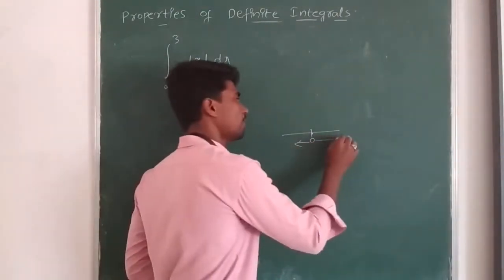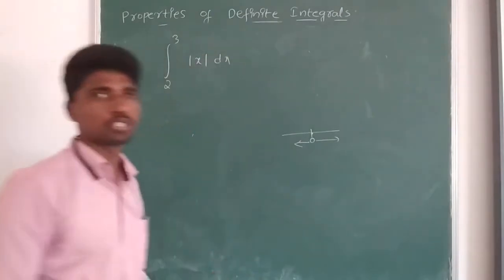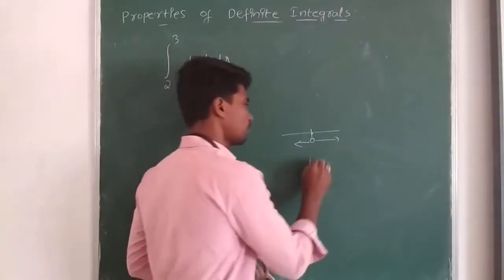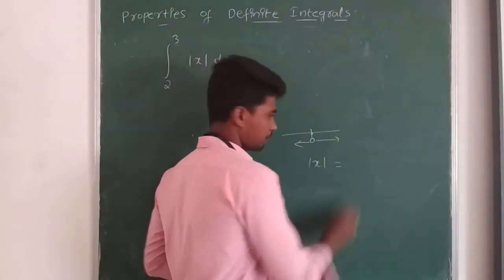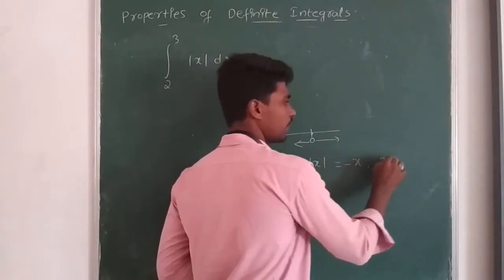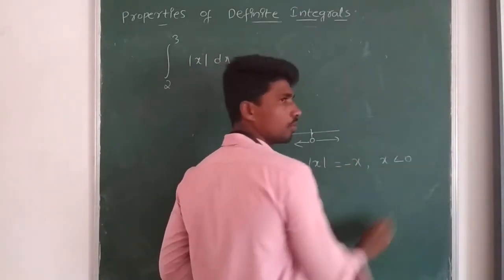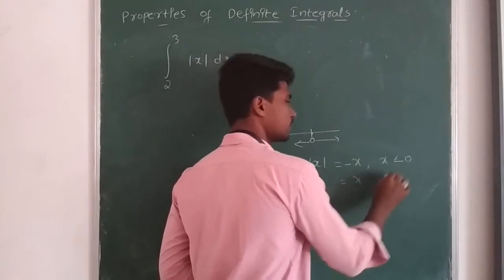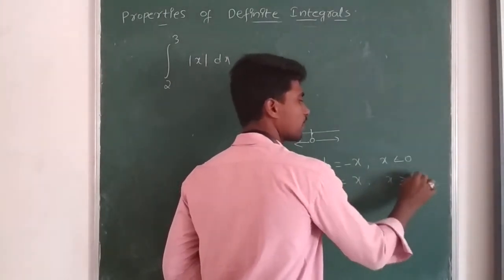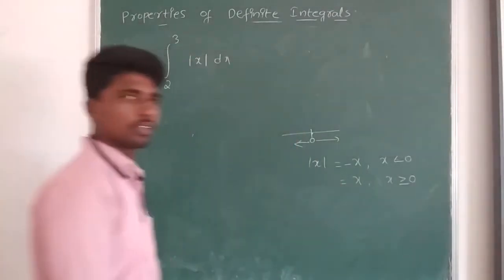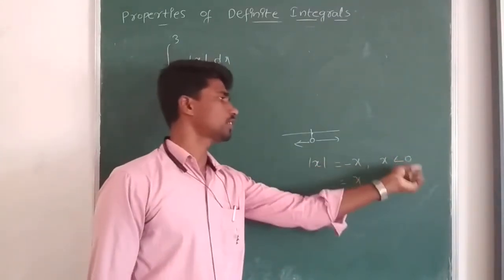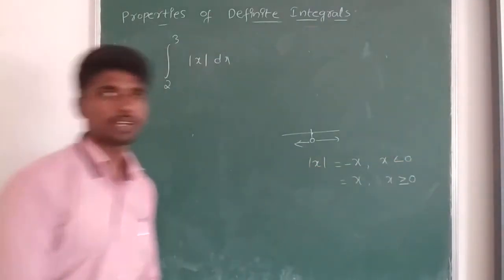If you consider any value which is more than 0, it behaves as positive. Actually modulus of x is equal to minus x if x is less than 0, and plus x when x is greater than or equal to 0. Same way, if you have any variable, in place of zero we get that variable.